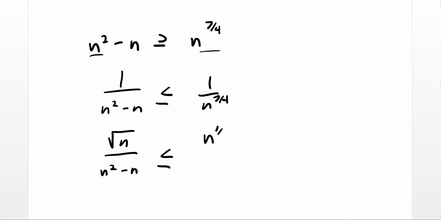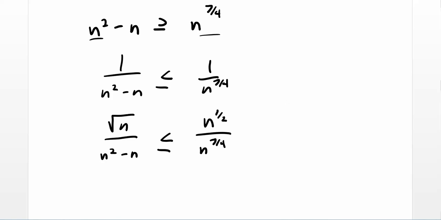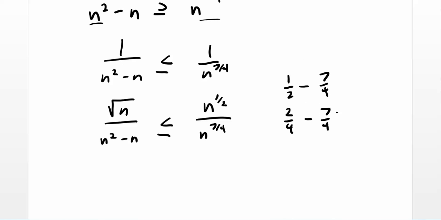Alright, this is n to the 1/2 over n to the 7/4. I can simplify this a bit. 1/2 minus 7/4 is 2/4 minus 7/4, which is equal to negative 5/4.